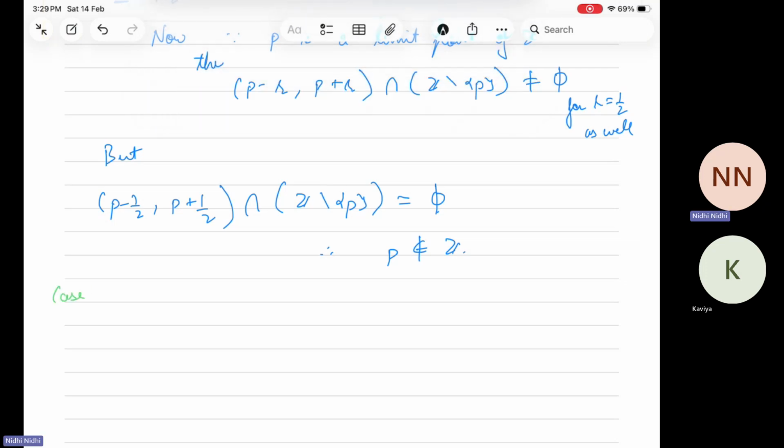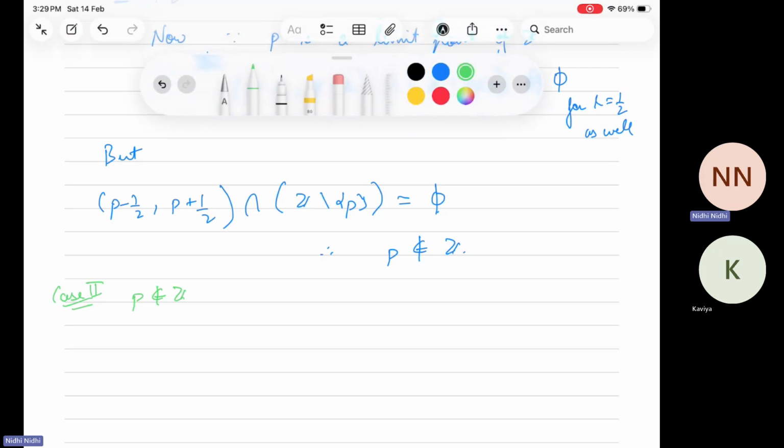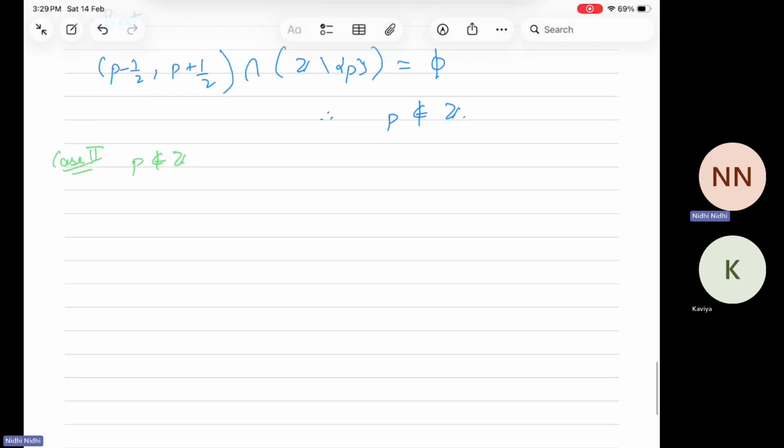Then we have case 2 where P is a non-integer. In this case, since P is a real number which does not belong to the set of integers, clearly we can find some integer, say n, in Z, such that n is strictly less than P, strictly less than n plus 1.